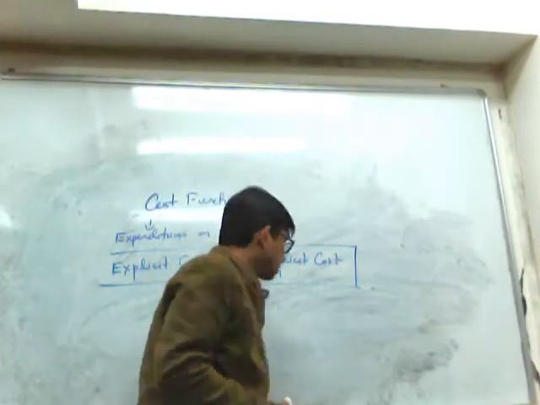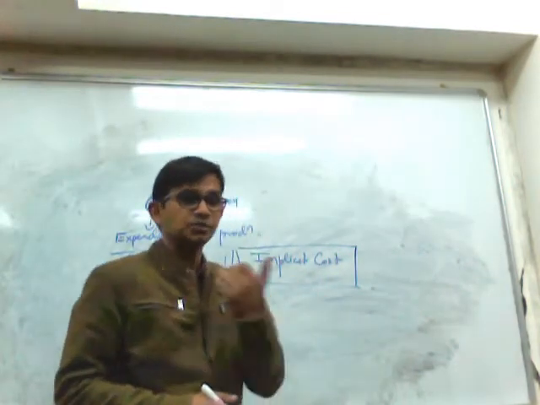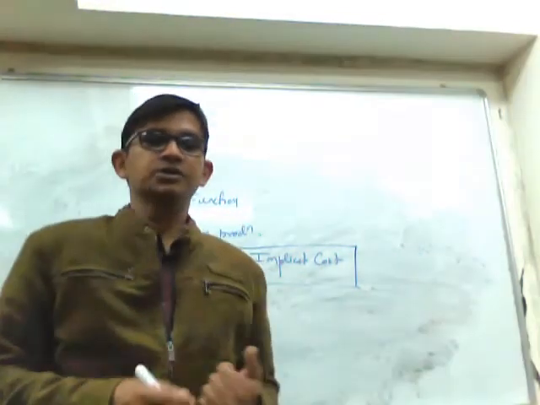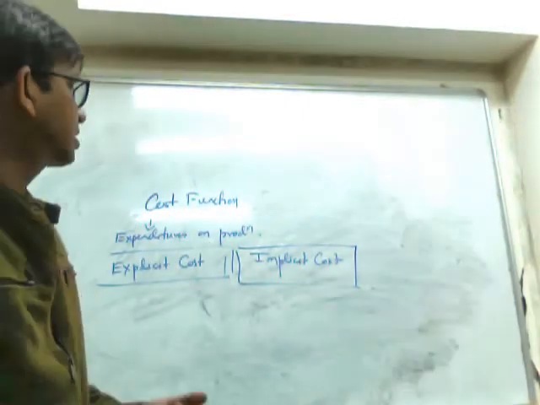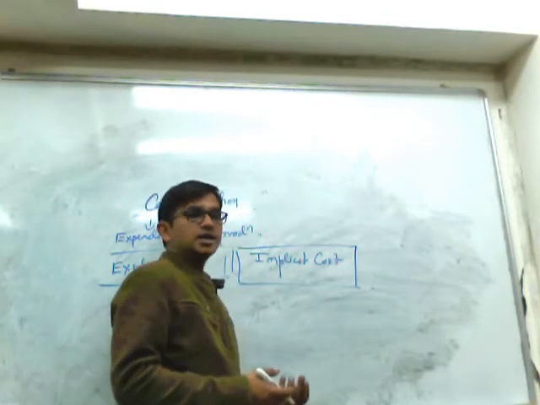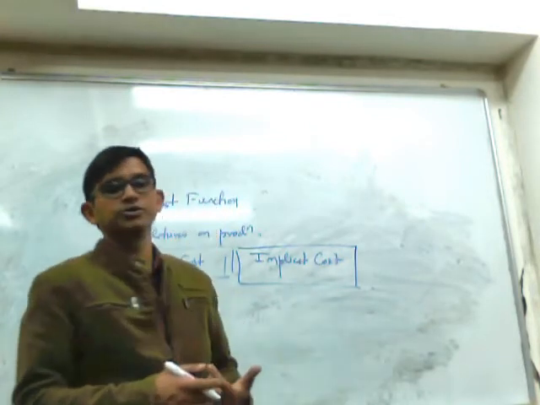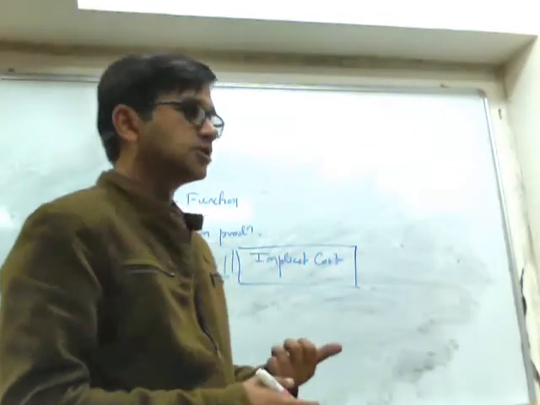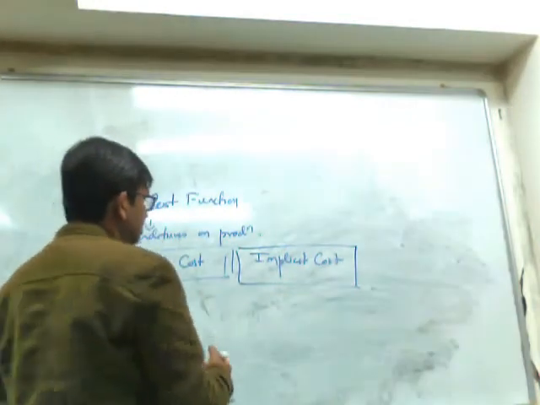For example, the cost of the risk that the producer bears. There is no proper market to find the value of that risk. Similarly, the time of the producer that he devotes here.